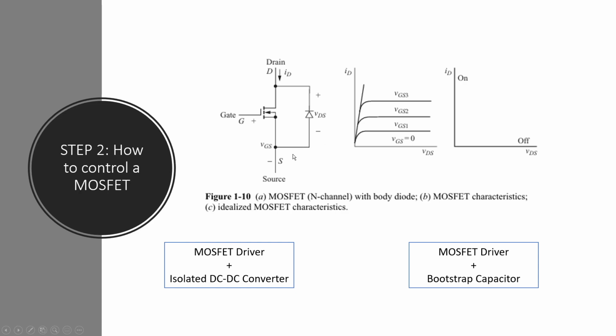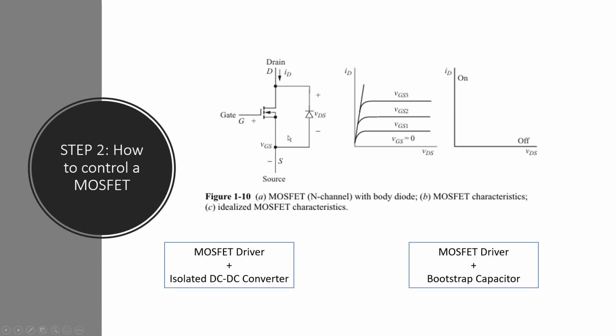The majority of converters right now use NMOS, because if we compare the N-channel MOSFET and the P-channel MOSFET, the N-channel has many advantages that would take too long to explain.